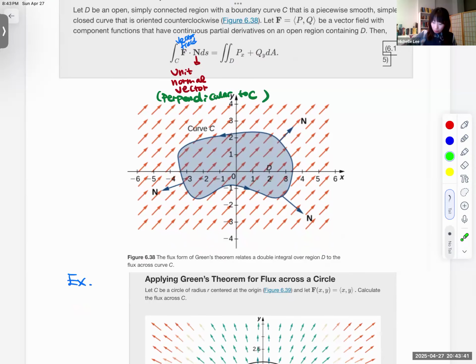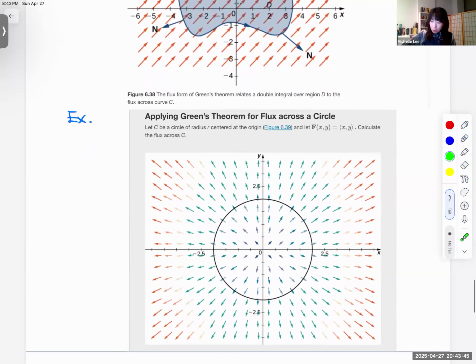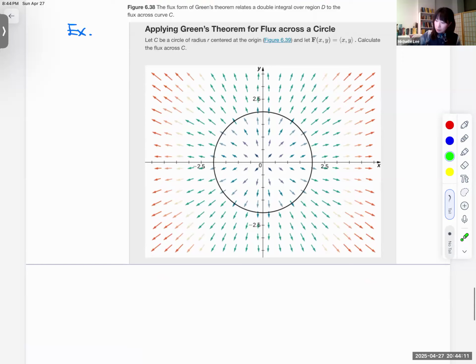Now, the example applying Green's theorem for flux across the circle. We have a vector field with x and y. We want to calculate the flux across the curve C, which in this case is not a unit circle, it's a circle, right? So let's set it up.